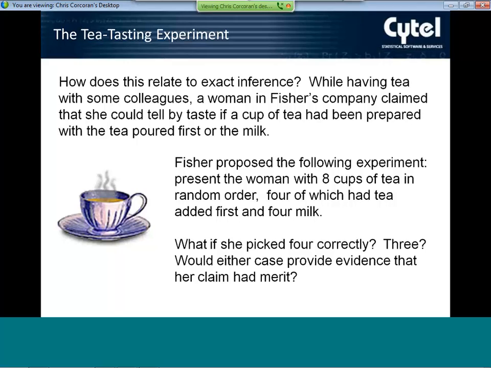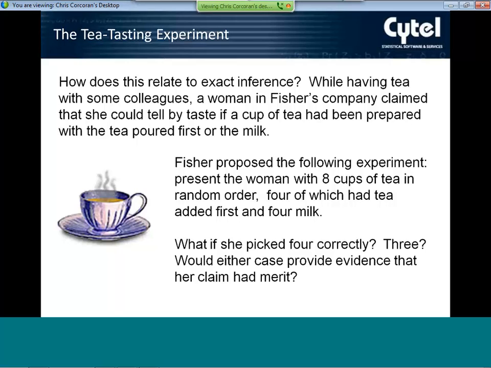So Fisher, being a scientist and a natural skeptic, proposed an experiment where he said, okay, here are 8 cups of tea. I've prepared 4 of them with tea first and 4 with milk first, and now I'm going to randomly order these cups and have this woman drink each one at a time, and she's going to guess which 4 are tea first and which 4 are milk first.